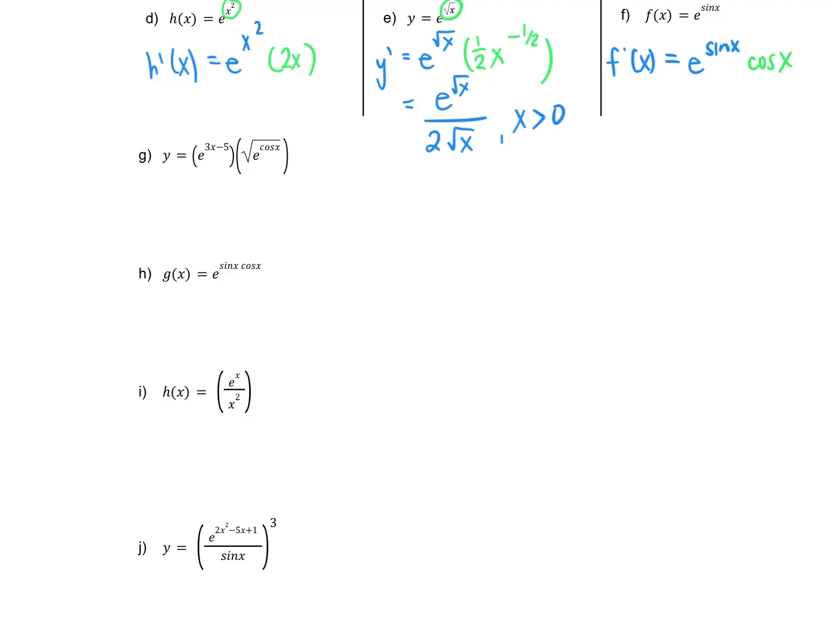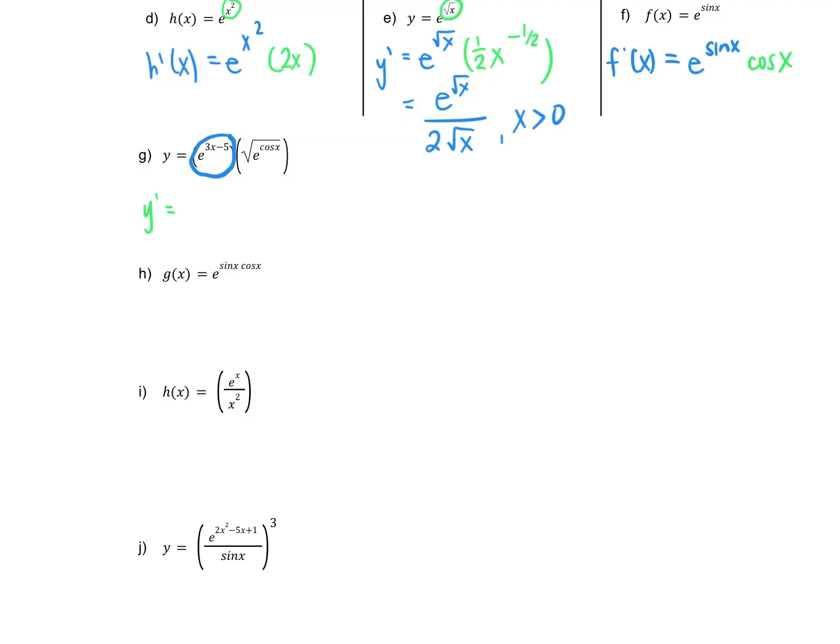All right, so we have e to the power of 3x minus 5 as our first function times the square root of e to the power of cos x. So we have quite a few rules here. We have the product rule, we have chain rules, and we even have chain rule within a chain rule. So let's start off with the derivative of the first function.